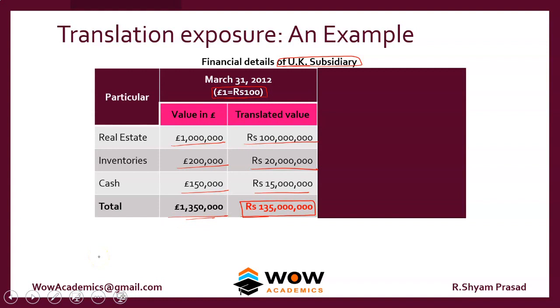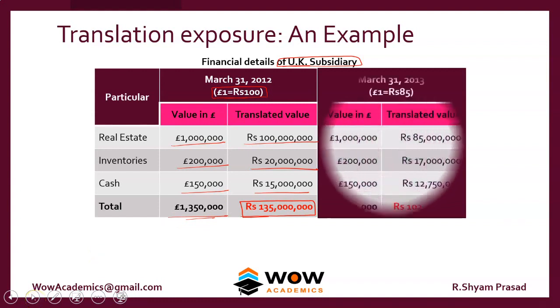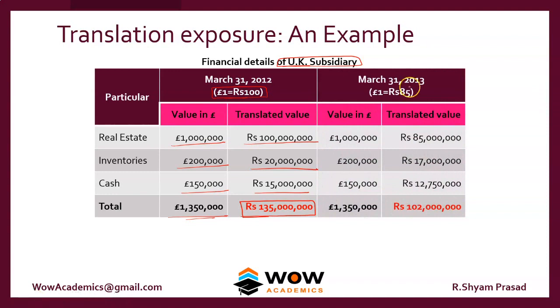After a 1 year period, on 31st March 2003, the value of the currency changes from 1 pound equals 100 rupees to 1 pound equals 85 rupees. The value in pounds has not changed, these values are fixed.